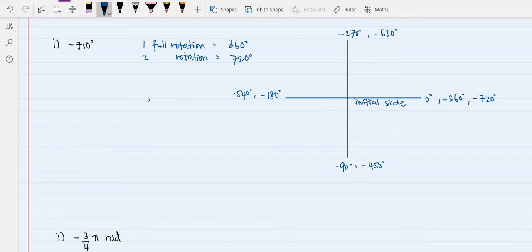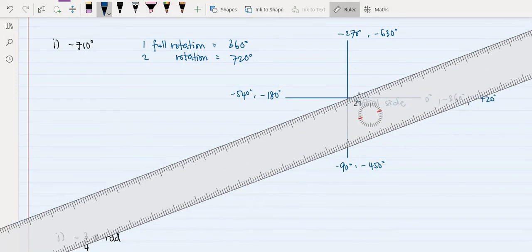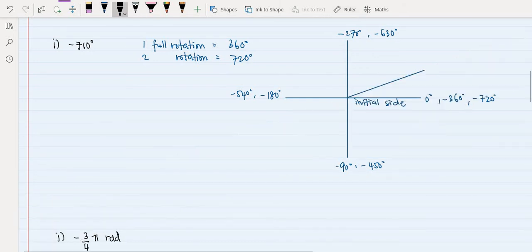Since my angle is negative 710 degrees, I know that my angle will be in the first quadrant and I'm going to be almost reaching my initial side. So that will be my terminal side, and labeling the rotation, since it will go in clockwise direction, my theta will be like this.